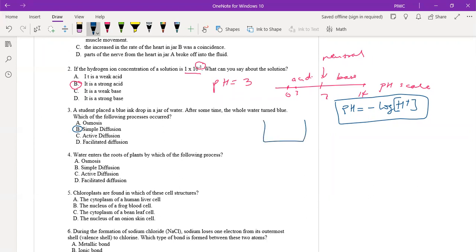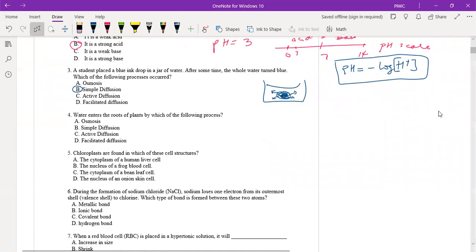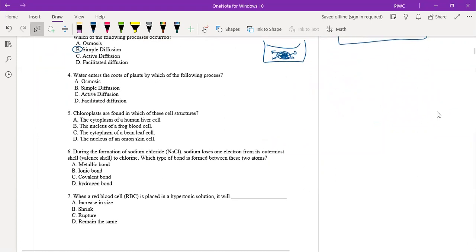So you have the jar, water, the ink is concentrated here, and the water hasn't got anything yet in it. So it now spreads out from concentrated to less concentrated. So that's simple diffusion. No energy is needed here. Okay. All right, number 4.